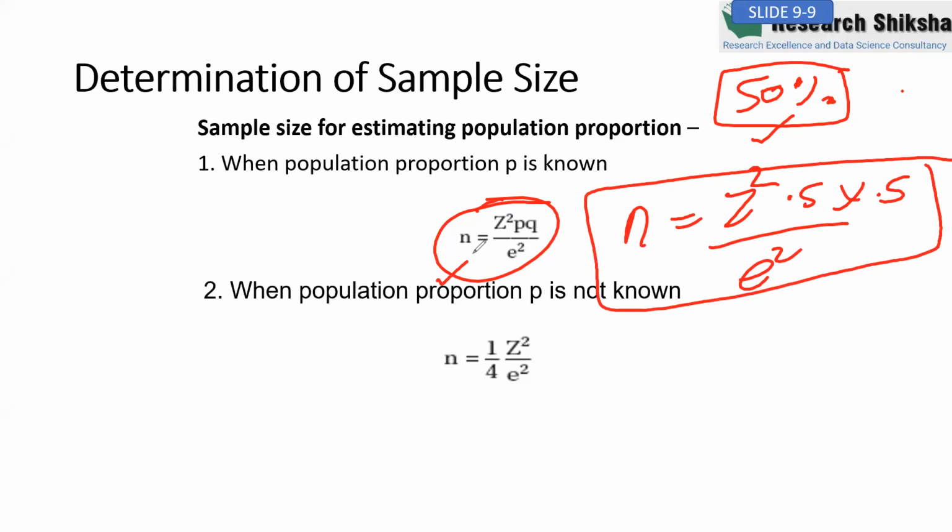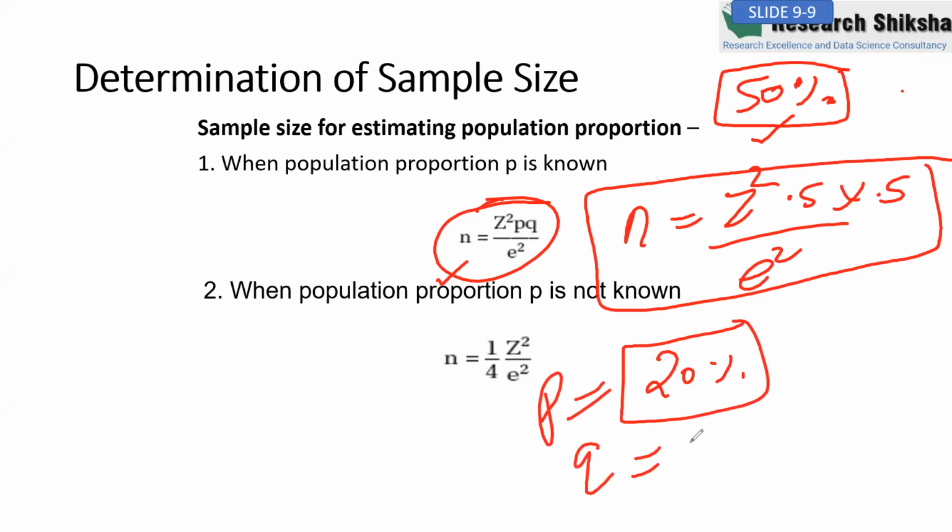Because I remember that in one of the cases, the doctor is collecting the data from patients, and he says that patients are 20% of the population in any country. So my P is 0.2 and my Q is 0.8.